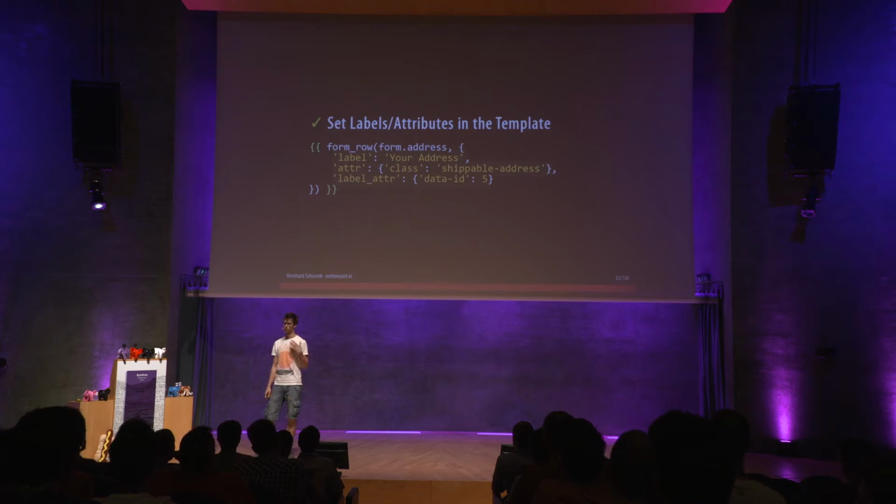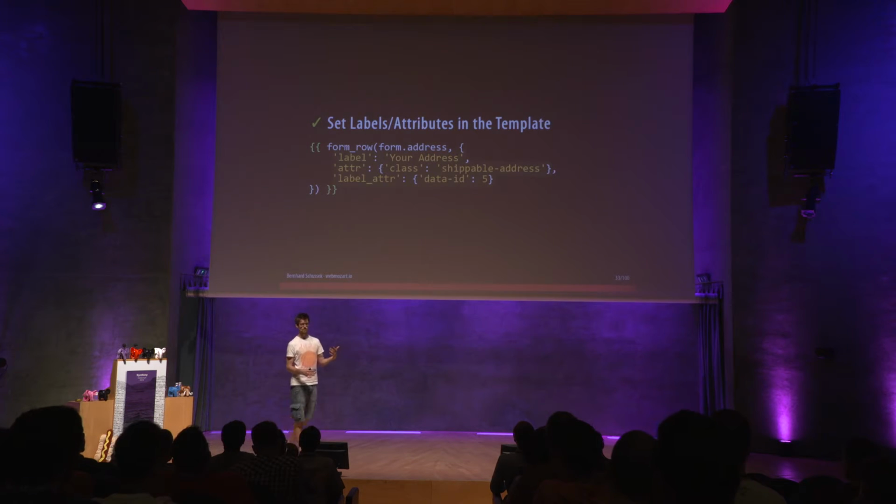Also, you should set any kind of information that is required in the view in the template, right? For example, the label, HTML attributes. Very often, people tend to configure that information in their form types because for us as PHP developers, it's much more convenient to do so, right?